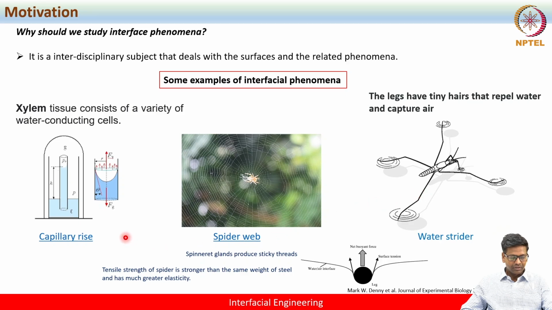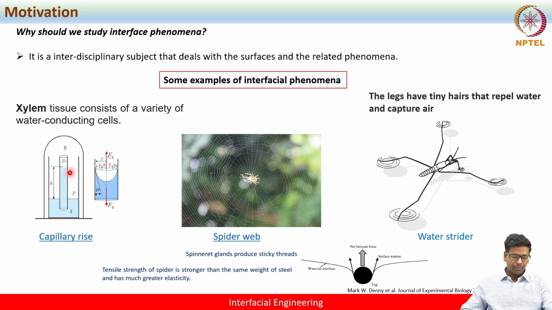The first one is capillary rise, right? You can see that water rises through the capillary column, the level of the water goes up. This is actually due to the surface tension between the water and the surface.